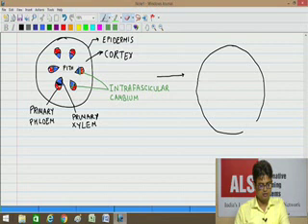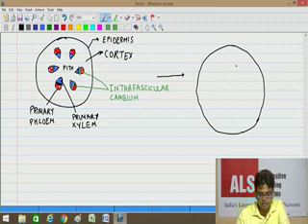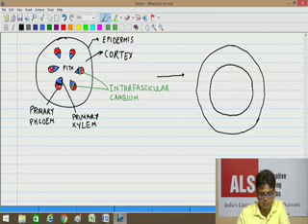Okay. So there the cambium ring was incomplete. Now my cambium ring is totally complete.